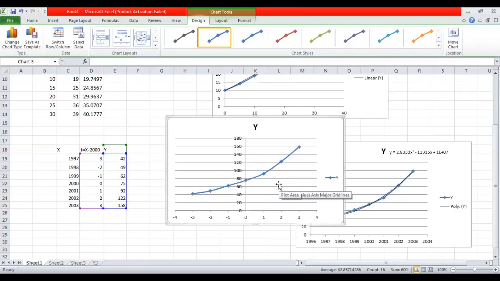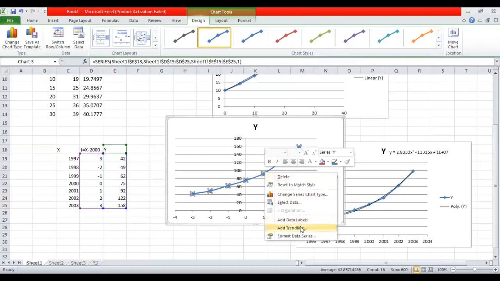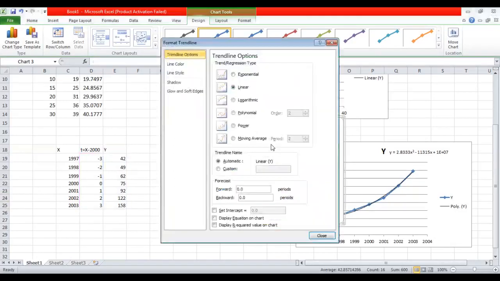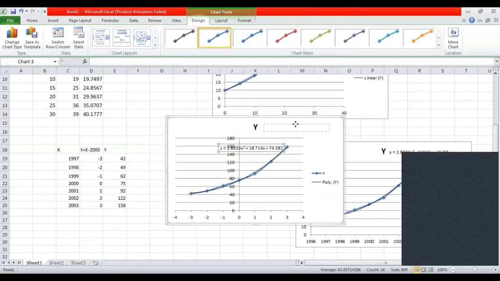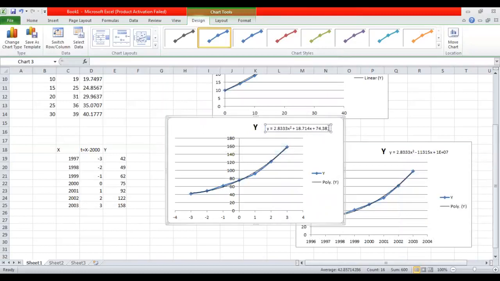We get the observed line equation. If you right click on any point and click on add trend line, select the polynomial, then the polynomial equation of order 2, display equation on the chart, then close. If you observe, now we get a trend line equation in terms of t. Observe this one.